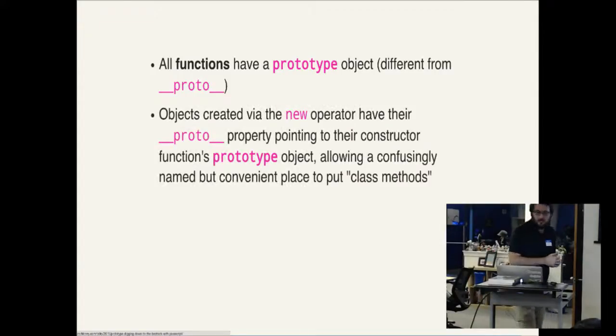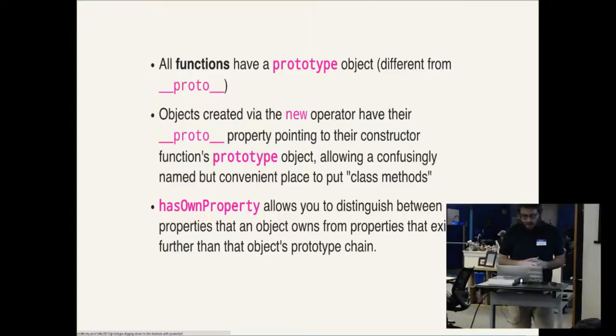And objects created with the new operator have their proto property pointing to the constructor function's prototype, which is a confusingly named but convenient place to put class methods. And then last thing I just explained, but hasOwnProperty lets you filter out things an object owns from things that exist further down its prototype chain.